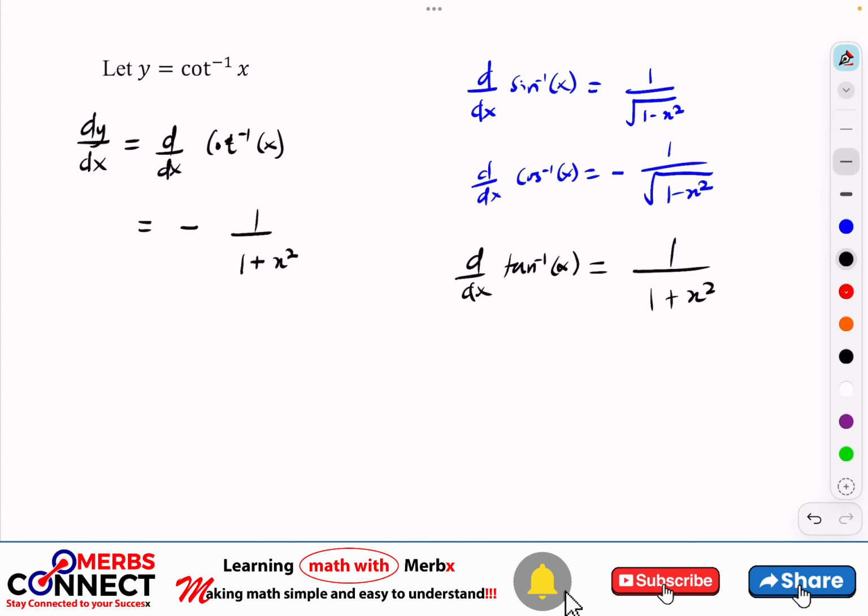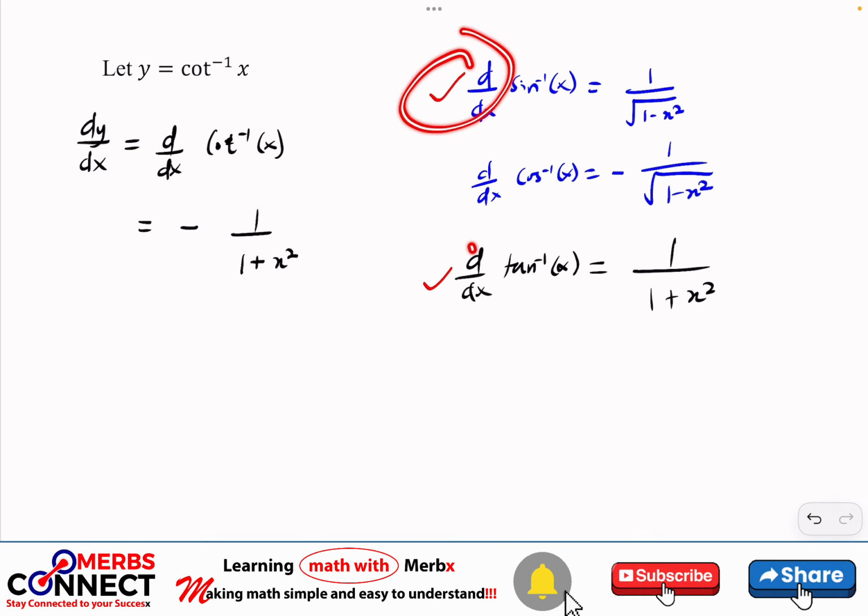For me, when I'm learning, I just learn the positive ones, because I know that sine inverse goes with cos inverse, and tangent goes with cotangent. Then the negative aspect goes for the ones that go together.